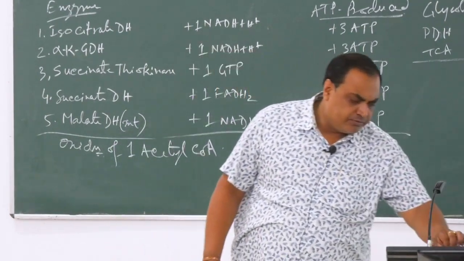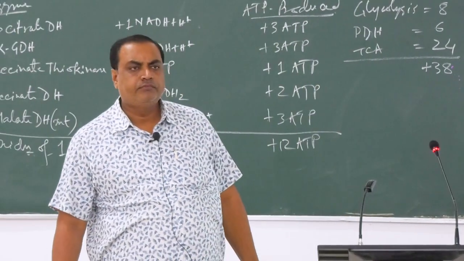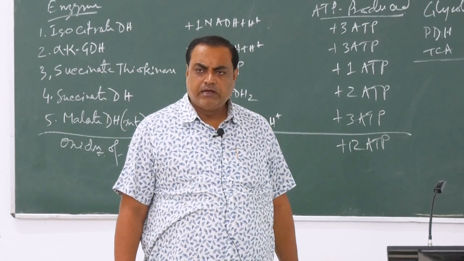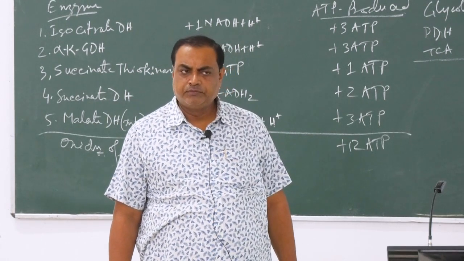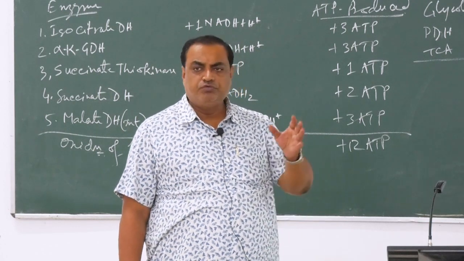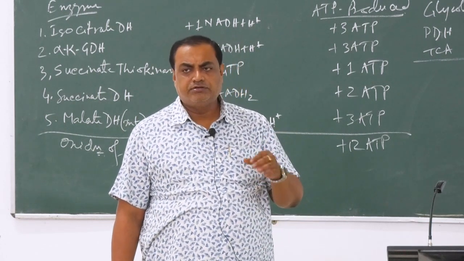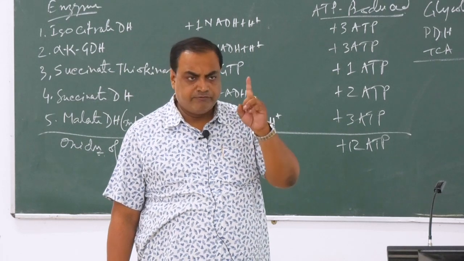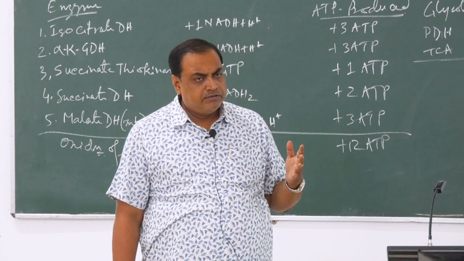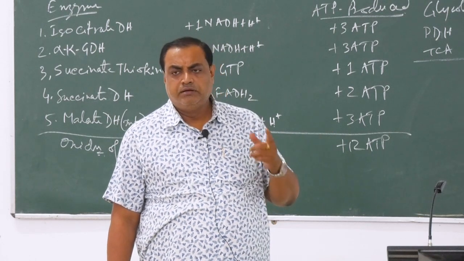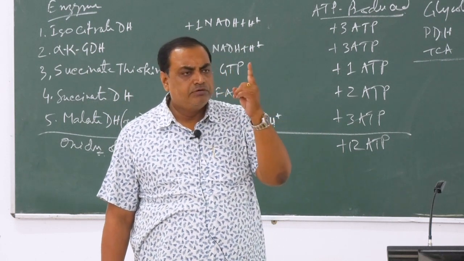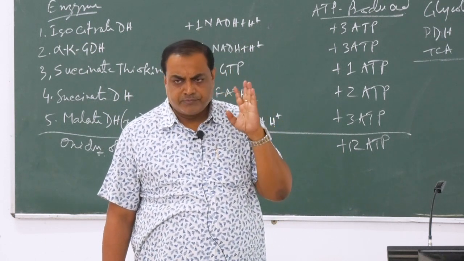But if I ask you, is it truly correct? Answer is no. The number depends on the tissue where the oxidation is taking place. First point. Next, for example, anaerobic glycolysis will produce 2 molecules of ATP, fine.